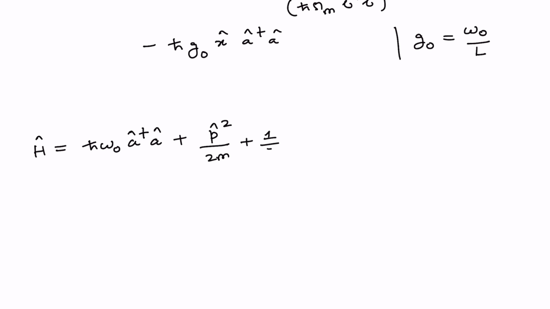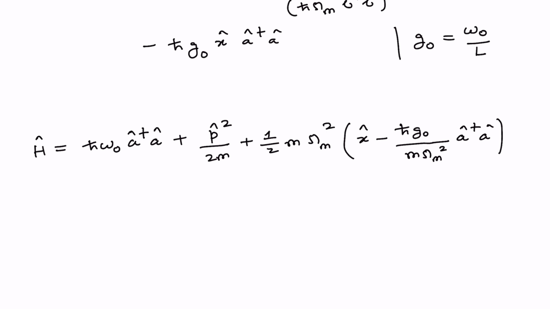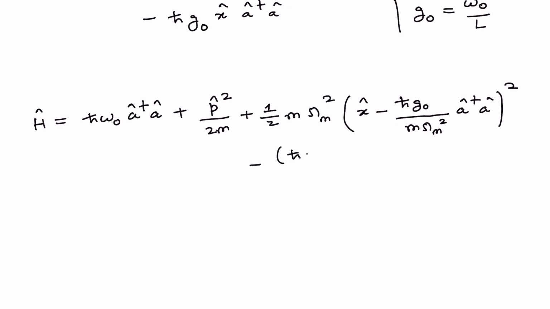Then I have ½ m ω_m² times the quantity x̂ minus ħ z0 a†a divided by m ω_m², whole square, minus (ħ z0 a†a) whole square divided by twice m ω_m².